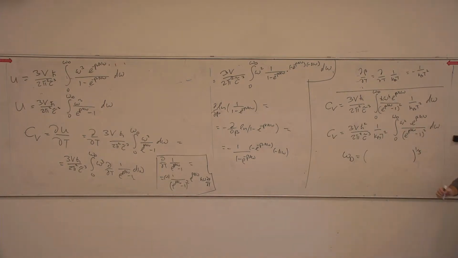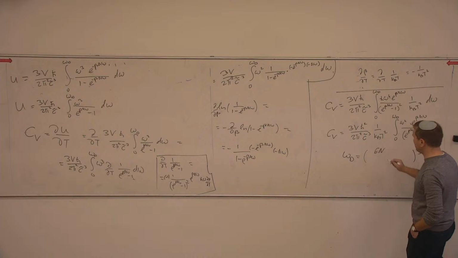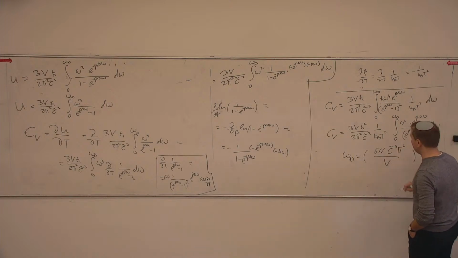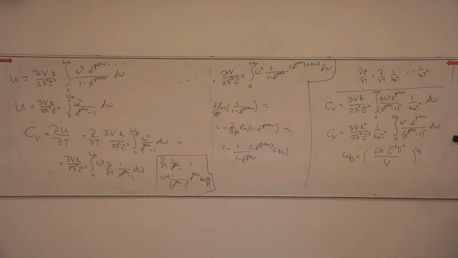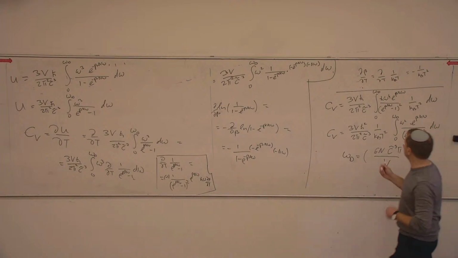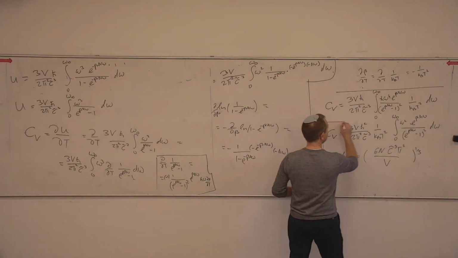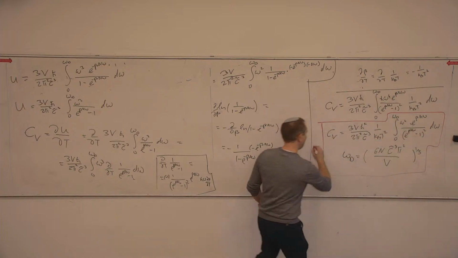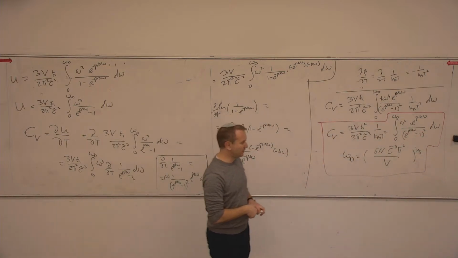What was inside this 1/3? 6 pi squared c tilde to the third divided by V. Okay, so this over here is the complete expression for the heat capacity.